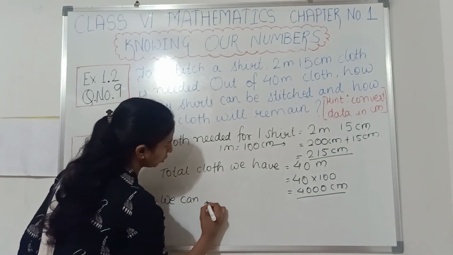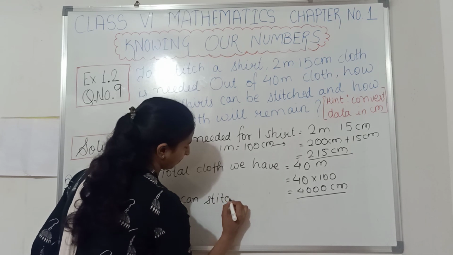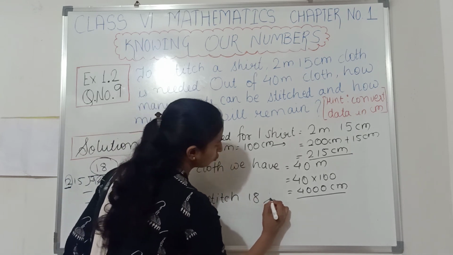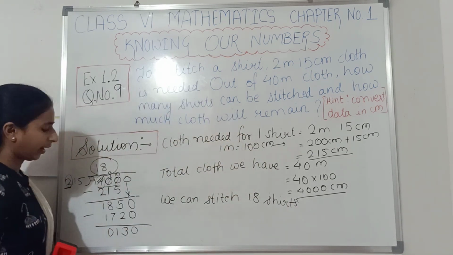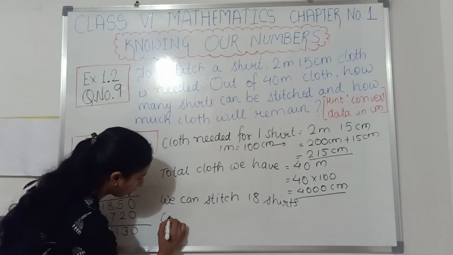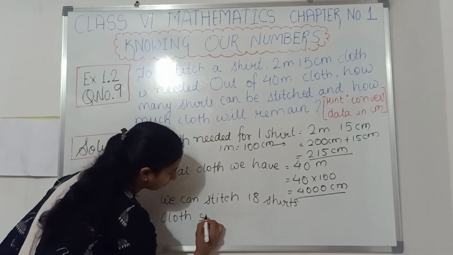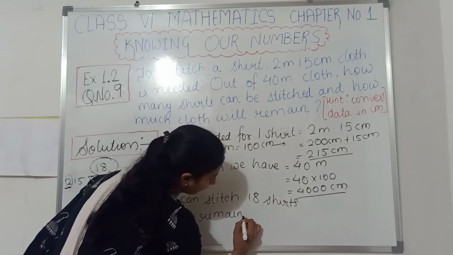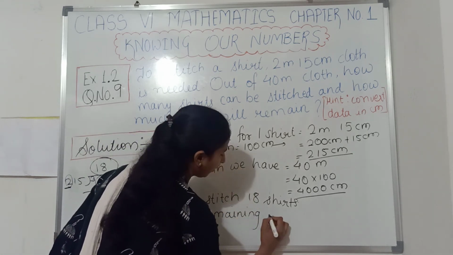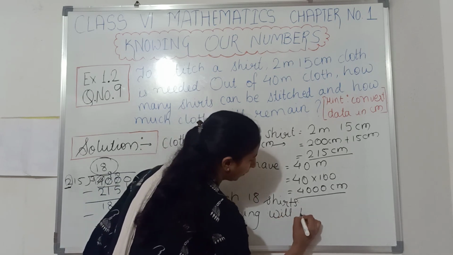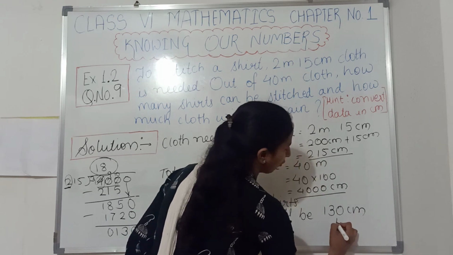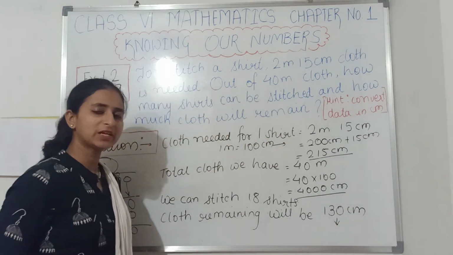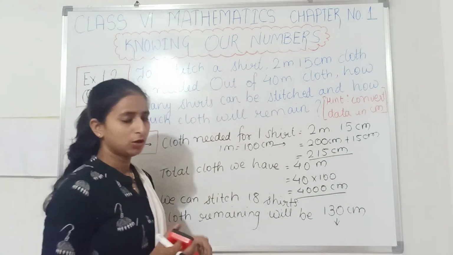We can stitch 18 shirts. You have to write it here, 18 shirts. And how much cloth is remaining? Cloth remaining will be 130 centimeter.